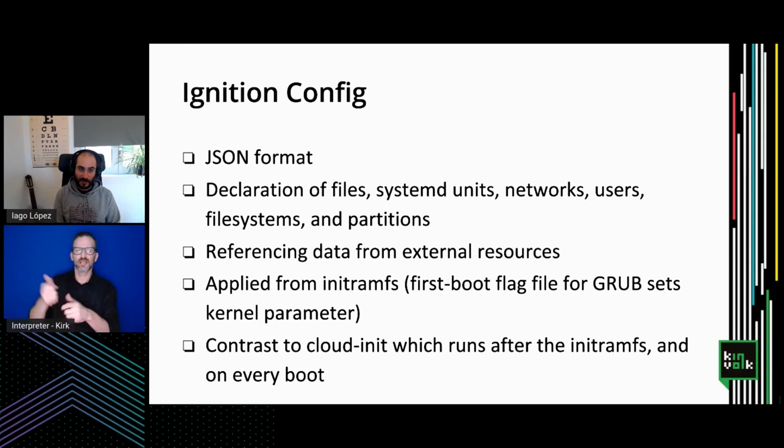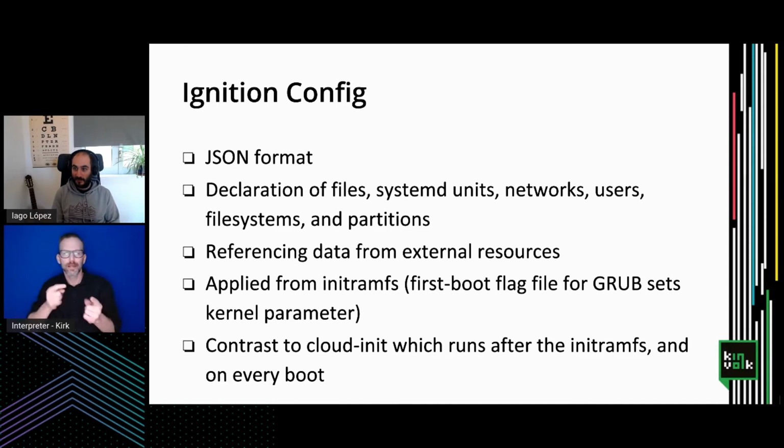That's nice when you want to download software when you set up the machine. And the interesting characteristic of Ignition is that it is applied from initramfs. The initramfs is an environment that you have before you actually boot your operating system and mount your root partition. So the idea is that here you can do things like loading kernel modules, or in this case, applying declarative configuration to your machine.